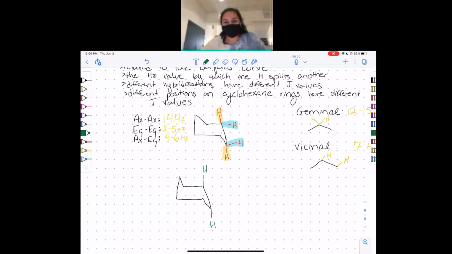The other one he likes to sometimes give just to be spicy is this guy. And as you can see, this is not regular coupling. It looks weird. And we call this W coupling because it sort of looks like a W. And the value for W coupling is going to be between 0 and 2 hertz.